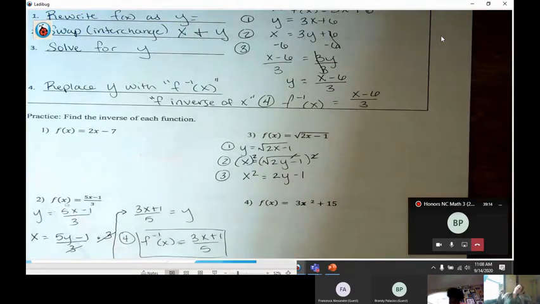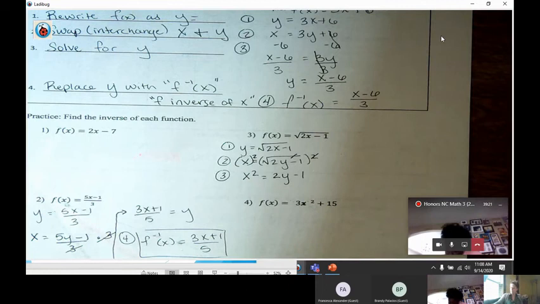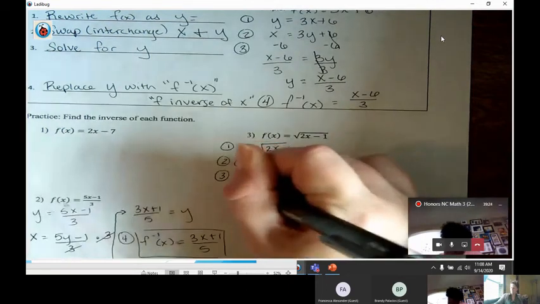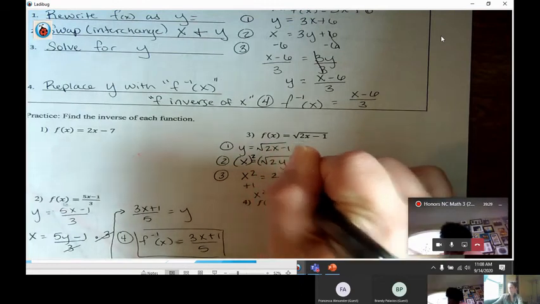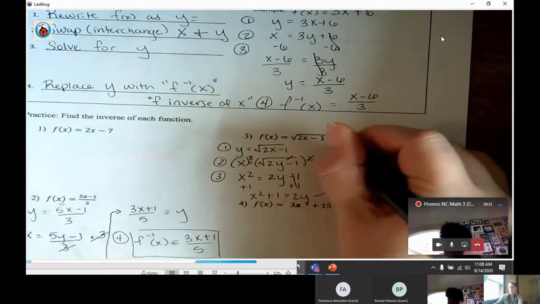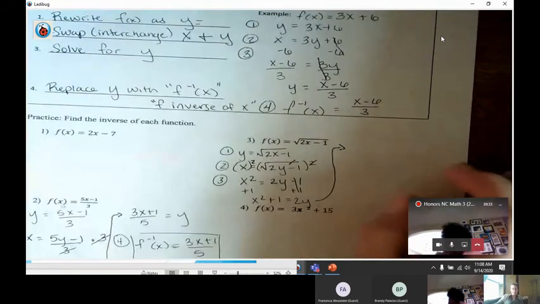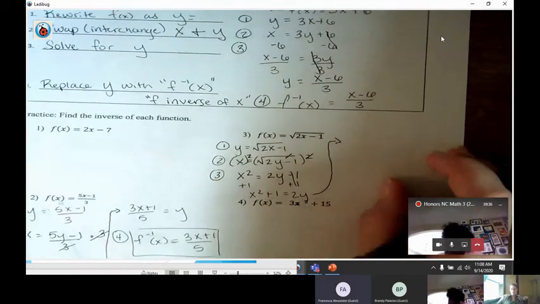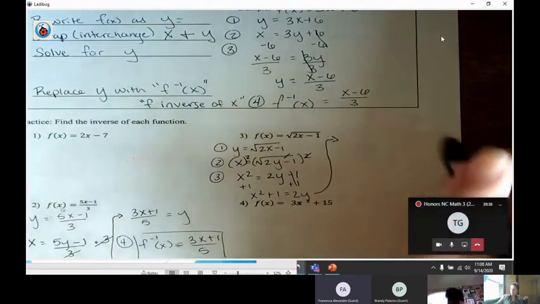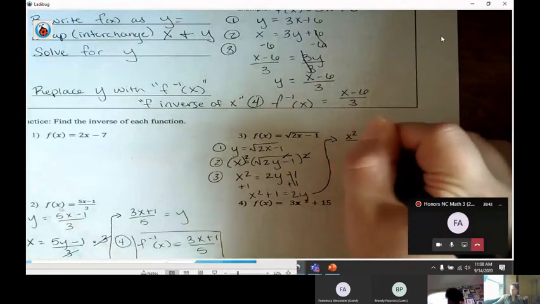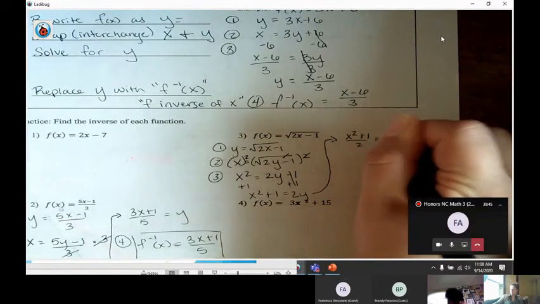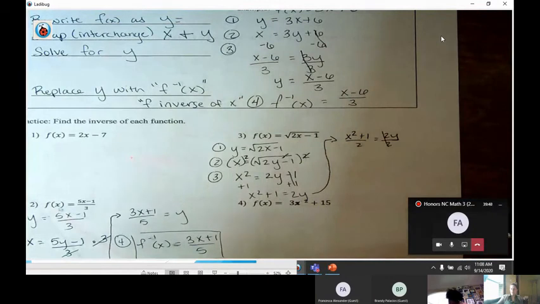Okay, and then Tanaya, what should I do next? Then you should add 1. So x squared plus 1 equals 2y. And then Francesca, how do I get rid of that 2 in front of the y? Divide. Yeah, so I'm going to divide both sides by 2. I'm going to have x squared plus 1 over 2, and then cancel them on that side.